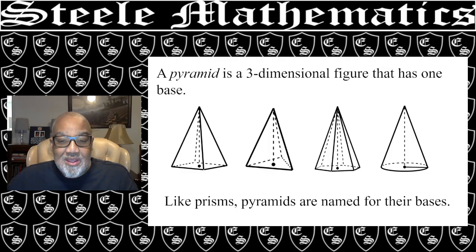Next, we have a hexagonal pyramid because the base is shaped like a hexagon. Finally, you have a circular pyramid because the base is shaped like a circle. And just like the cylinder, a circular pyramid has a special name, and that would be a cone.